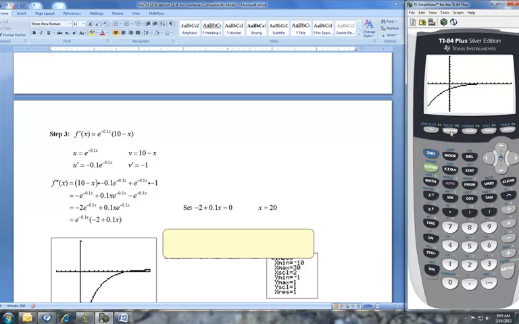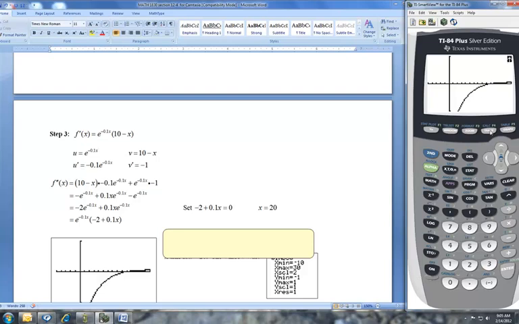So if you'll go to your window, and this is what I call pulling apart the y-axis. I'm going to make it go from negative 1 to 1. And look what happens. Now I can tell that it does cross. And it crosses at 20.